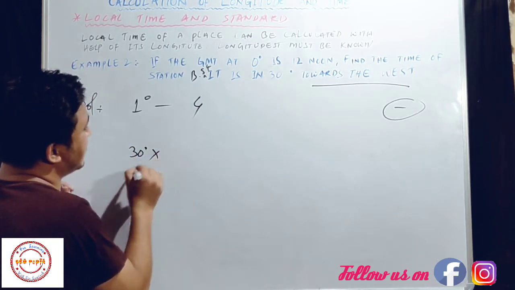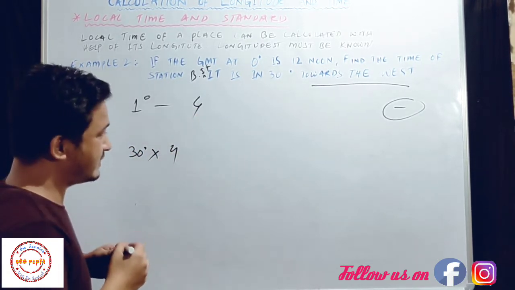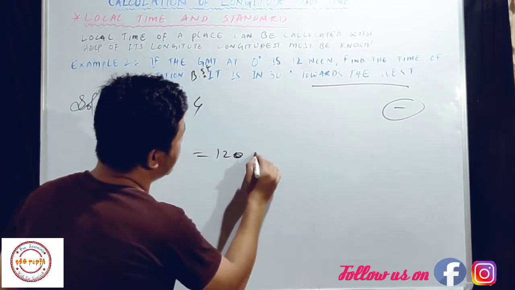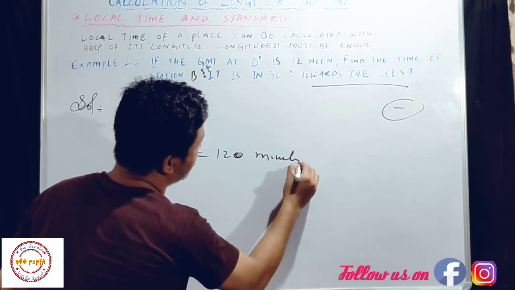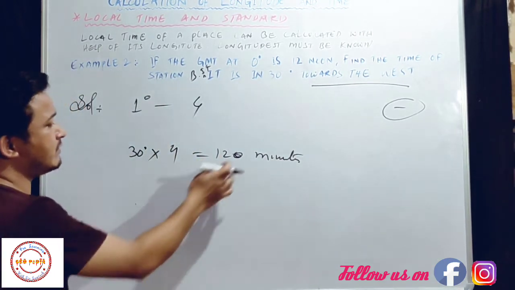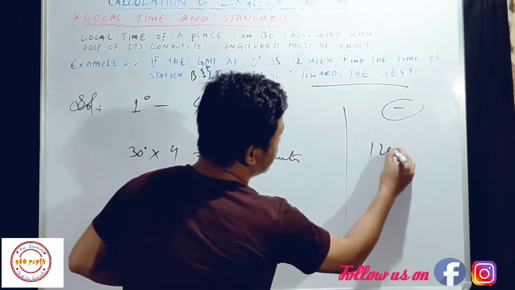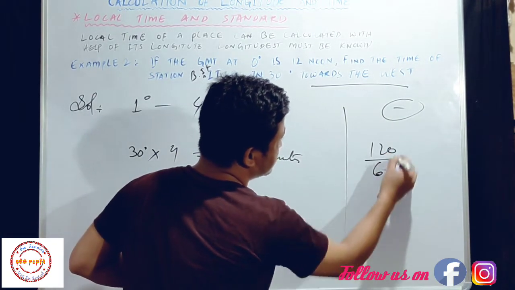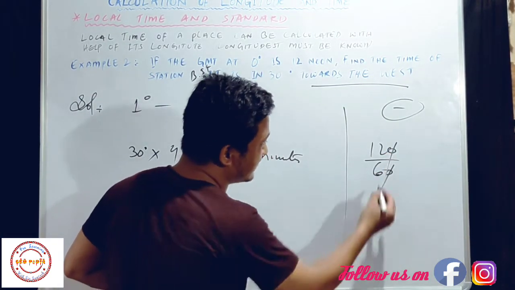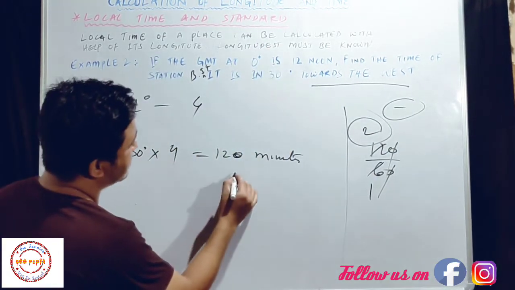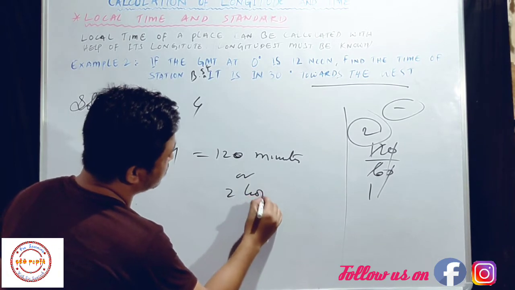Simply multiply with 4. 4 3 12, so you will get 120 minutes. When you convert 120 minutes into hours, 120 divided by 60, the 0s cancel, it means divided by 10, 6 1 is 6, 6 2 is 12, so 2 hours.